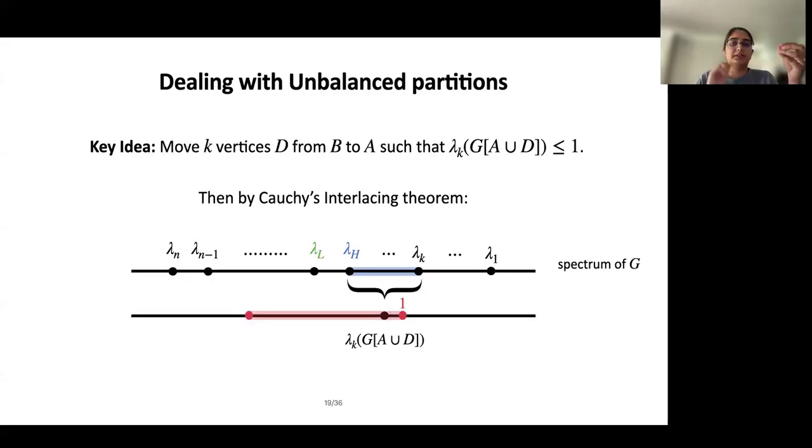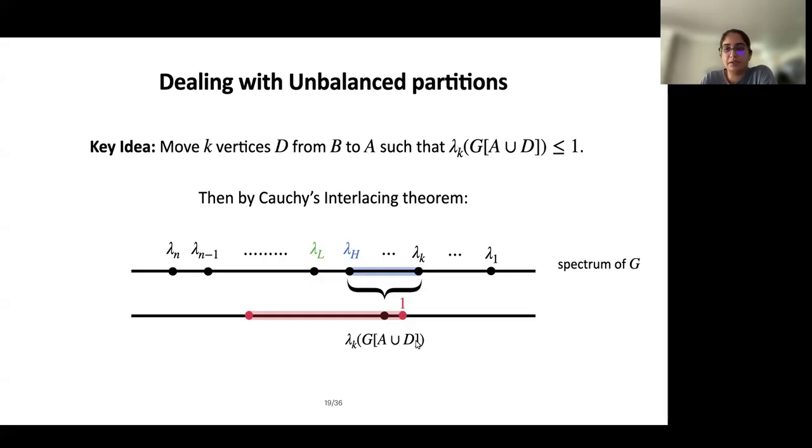The way that we deal with this balanced partition is that we move some k vertices, at most D, from partition B to partition A, so that the kth largest eigenvalue of the graph induced on this new set is less than or equal to 1.